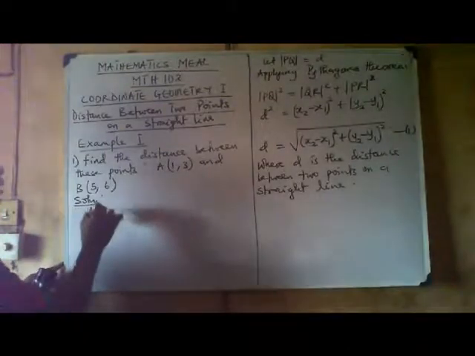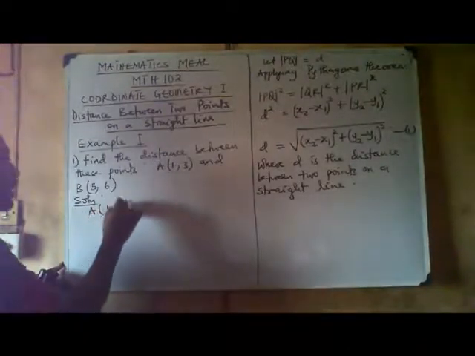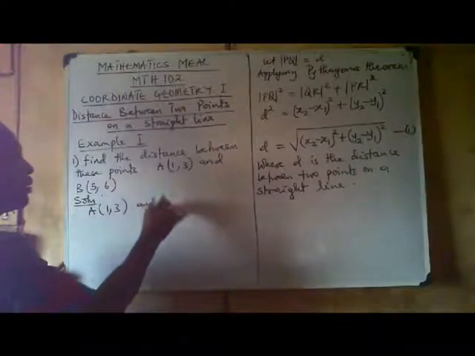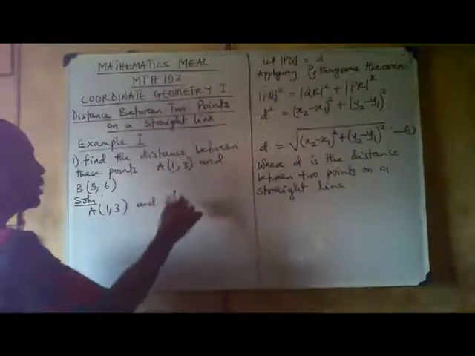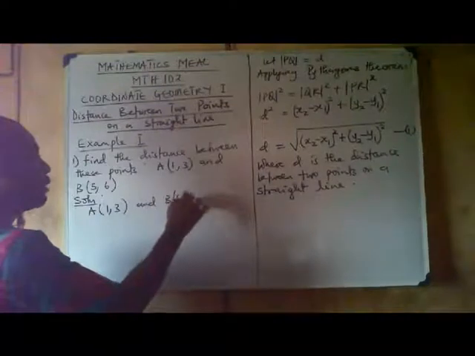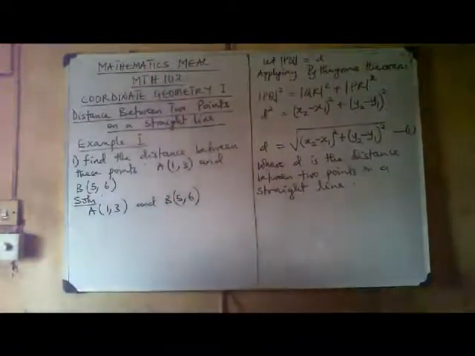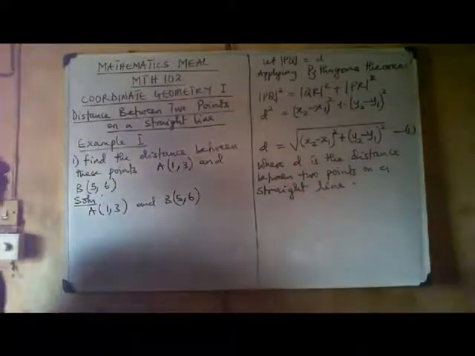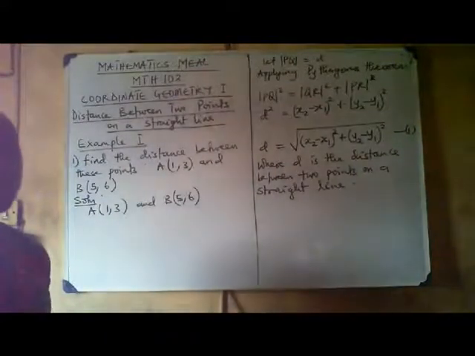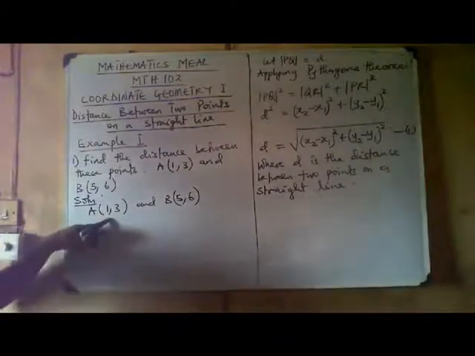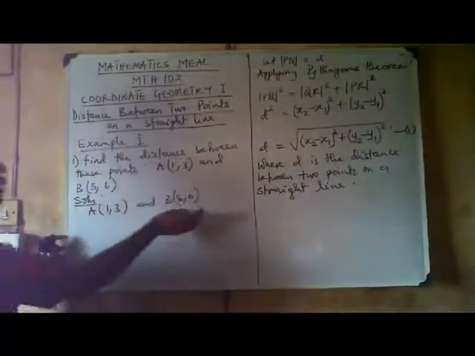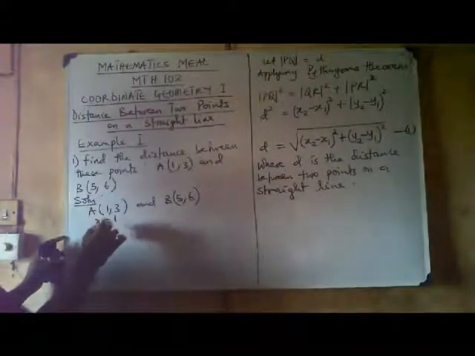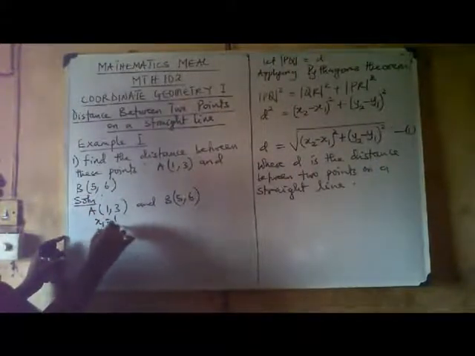Alright. Now the first thing, let's put down the coordinates. We have A (1, 3), and then we have point B (5, 6). Now all we need to do is to identify the coordinates x1 and x2, then y1 and y2. If we take A as our point 1 and B as point 2, here we have x1 to be 1 and y1 to be 3.